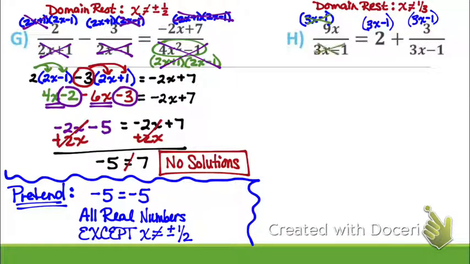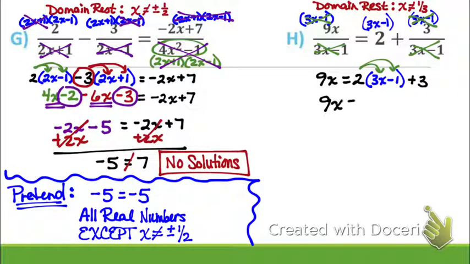All right. So I have 9x equals 2 times 3x minus 1 plus 3. We're going to distribute here. So 9x equals 6x minus 2 plus 3.